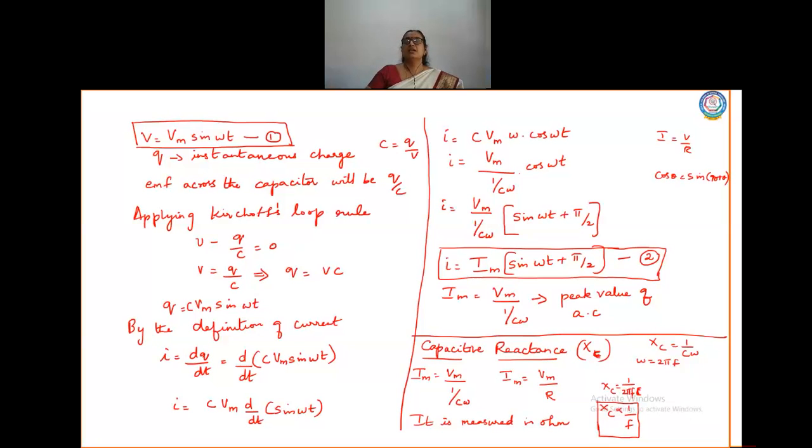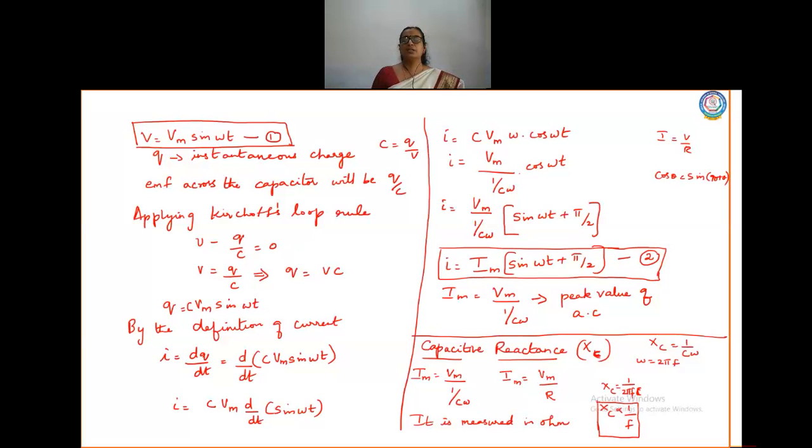In that case, you are supposed to write the formula XC is equal to 1 by C omega, substitute omega is equal to 2 pi f, and say that XC varies inversely with frequency. For DC, XC offers a very high resistance, so a capacitor will not allow DC to flow through it. This is what you should explain when it is asked as a 3-mark question, children.